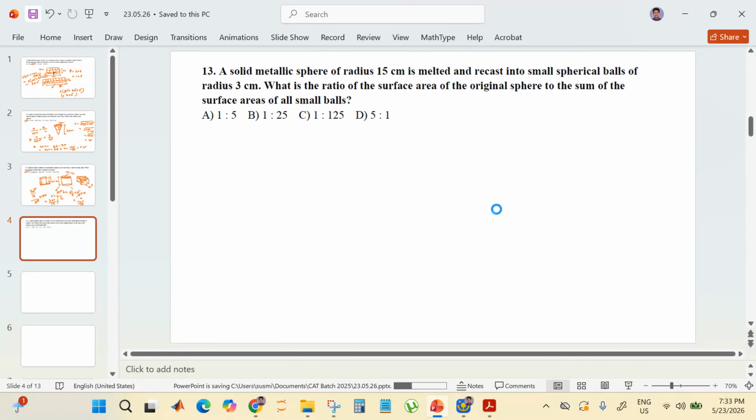A solid metallic sphere of radius 15 cm is melted and recast into small spherical balls of radius 3 cm. What is the ratio of the surface area of the original sphere to the sum of the surface areas of all the small balls? Okay, try to do it by yourself first.